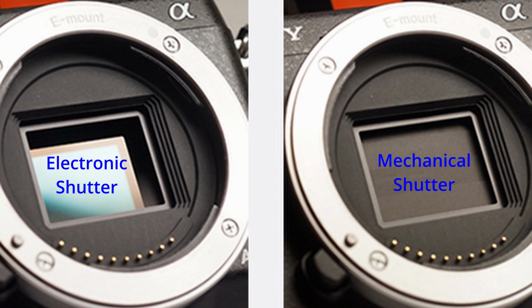So what you are doing when you are playing around with your shutter speed. The shutter speed is the setting that is adjusting the amount of time that your shutter is open. All cameras have a shutter, regardless of whether it is a mechanical shutter or an electronic shutter.